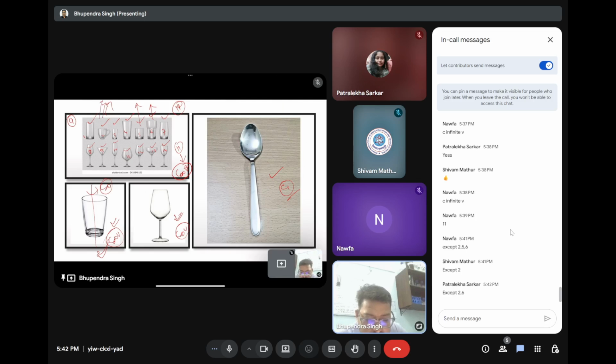Okay. Am I not able to see any difference, or you guys are able to see something else? I am looking at 2. It is different. Other than that, all of them are having C infinite V. I don't know why you have said 5 and 6. These are similar, no?